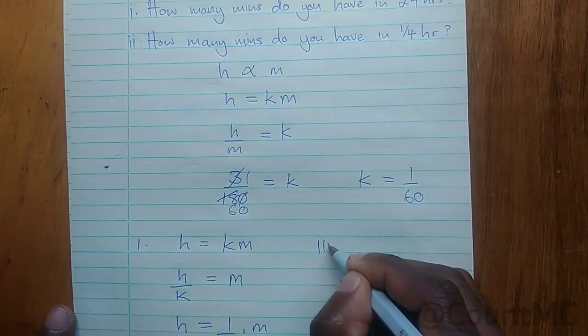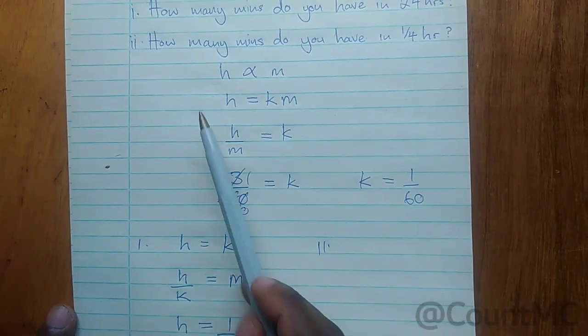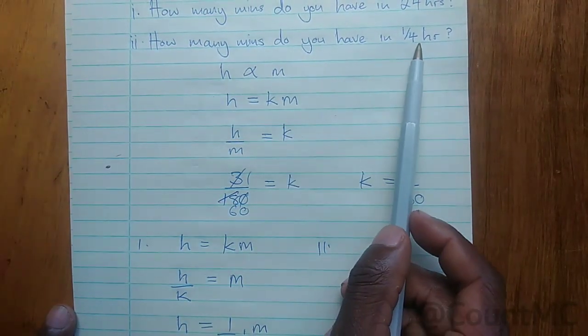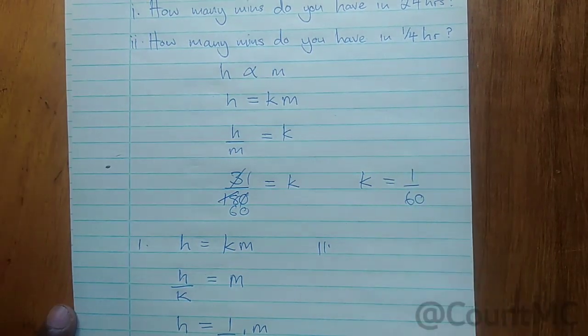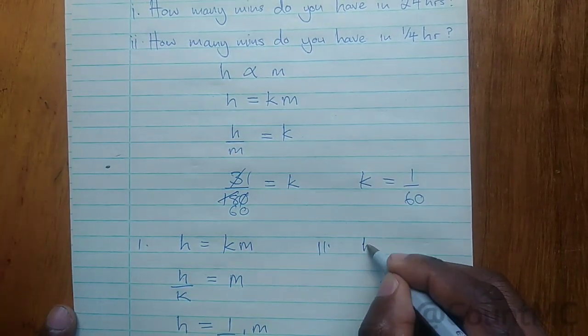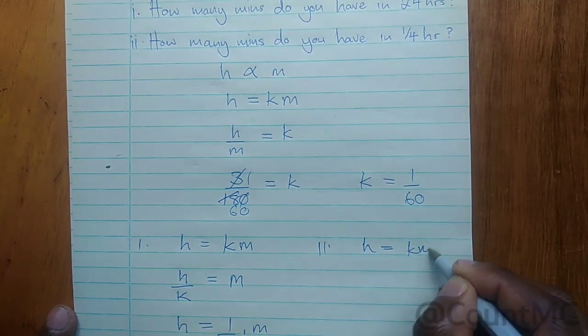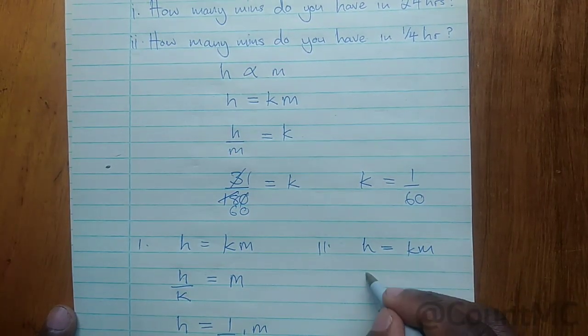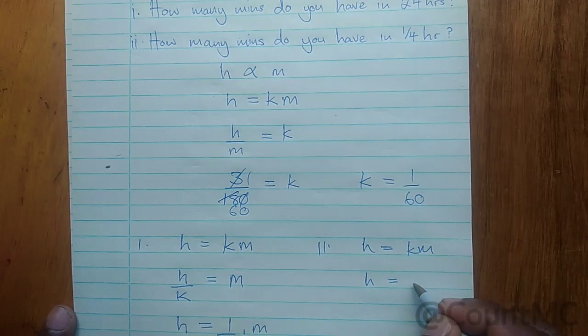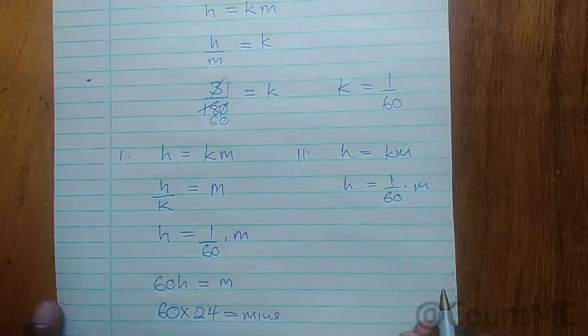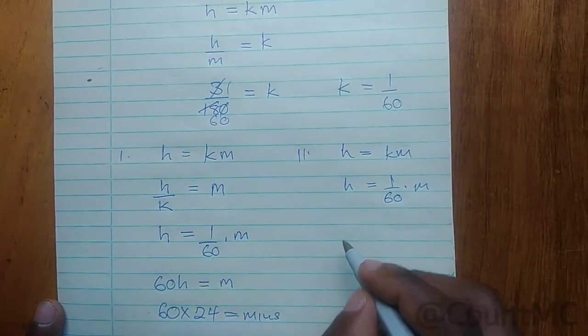Let's do the second one. How many minutes do you have in a quarter of an hour? Okay, so H is equals to K M, and H is equals to K, we know it's 1 over 60 times M. So we are looking for minutes in quarter of an hour.